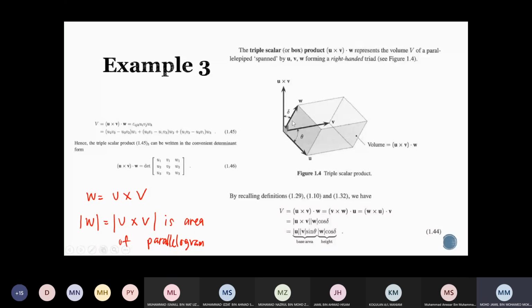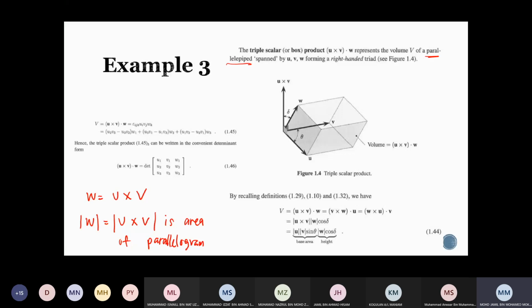So when we do this, we are actually calculating the volume of this box, the box made by U, V, and W. We call this box a parallelepiped. It is not really a box, it is more like a slanted parallelogram shape.